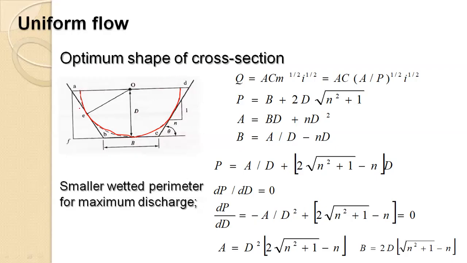The circular shape will give you the least lining material, or least circumferential length along the perimeter. So that means you are going to use less material. So the circular section is the most economical in that sense.